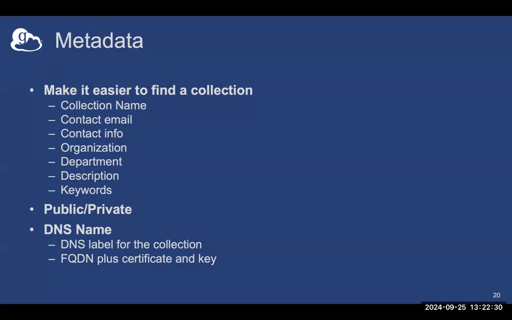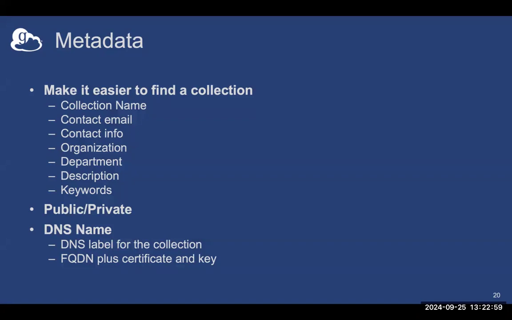It's not an access control thing, it's more of a visibility thing. If a collection is private and you try to visit this collection in the web browser and you don't have an account from the appropriate domain, you're not even going to be able to see the collection. It's just not there. So it doesn't restrict access as much as make it invisible to people who don't have any access.